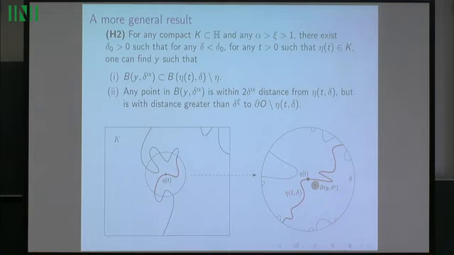So we can find some ball of radius delta to the alpha that doesn't intersect eta. And also, this ball is very close to this red part of the curve, but much further away from any other part of eta which is inside this disk.